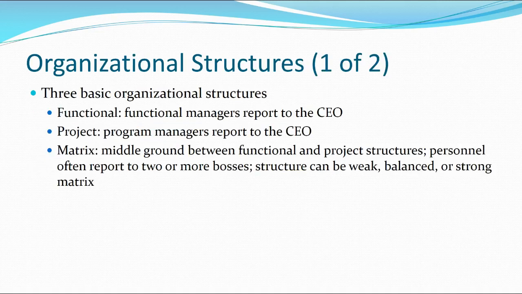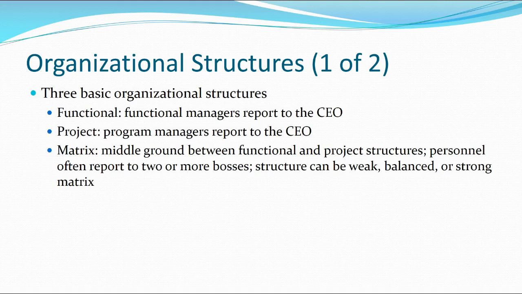So in terms of organizational structures, there are lots of different ways we can refer to organizations, whether they're vertical or horizontal or flat. You can take your pick. From a project management standpoint, we refer to functional, project, and matrix types of structures. So in a functional structure, we've got a typical hierarchical structure. So you report back to the CEO, the lead of the company.